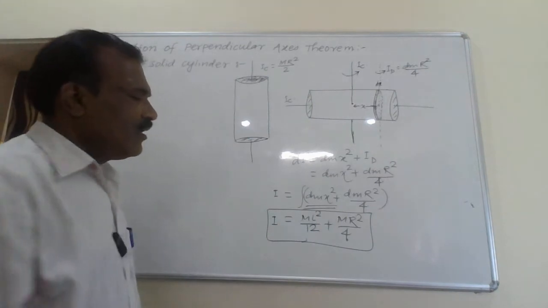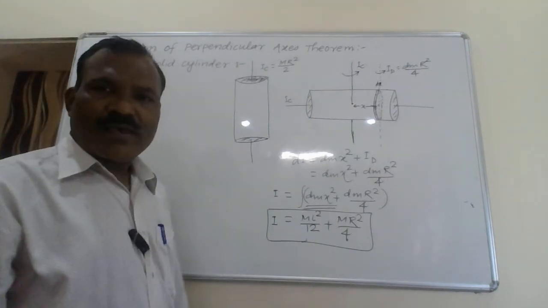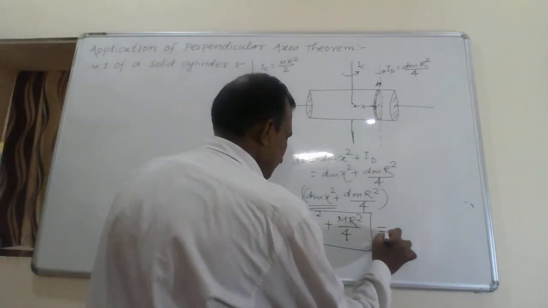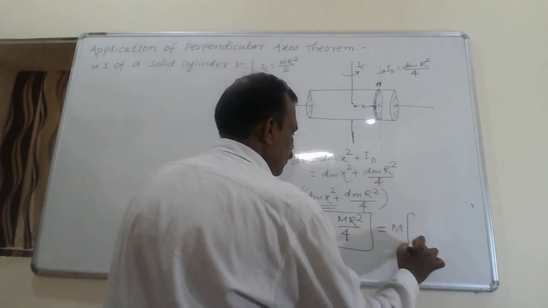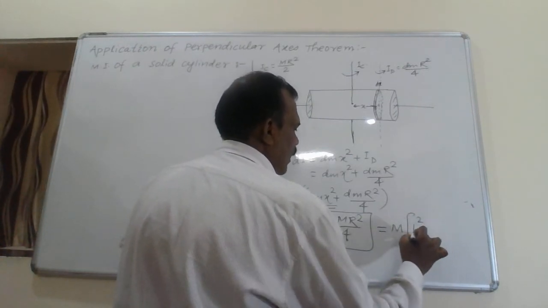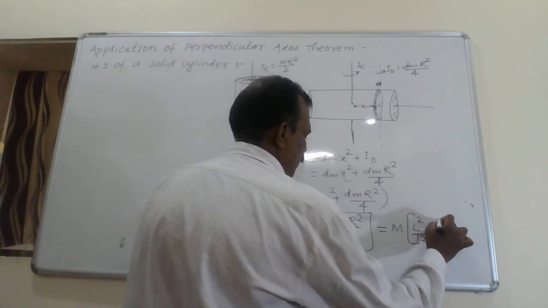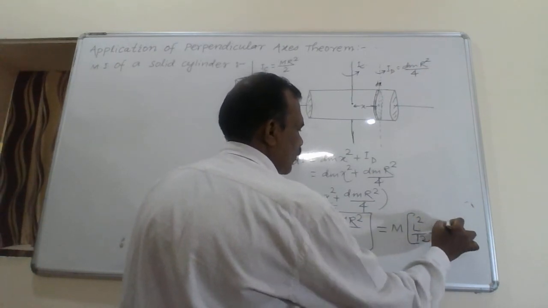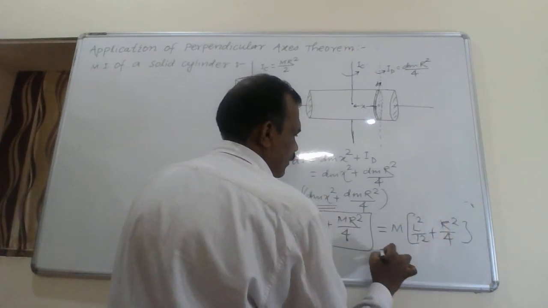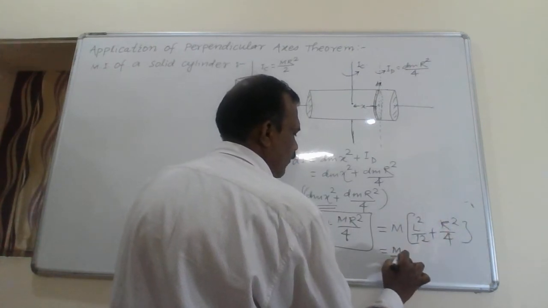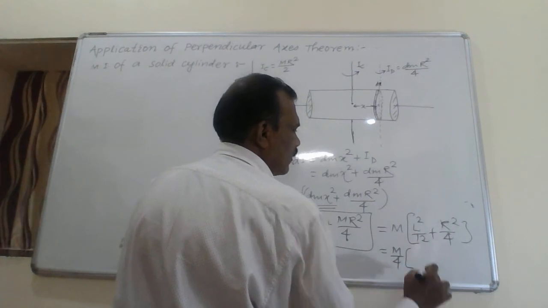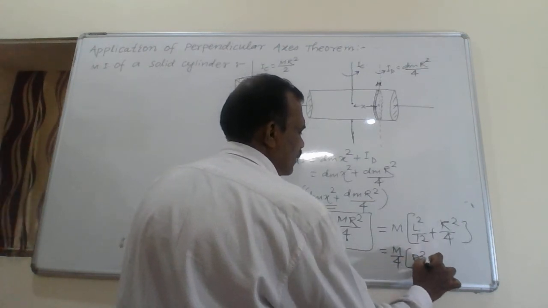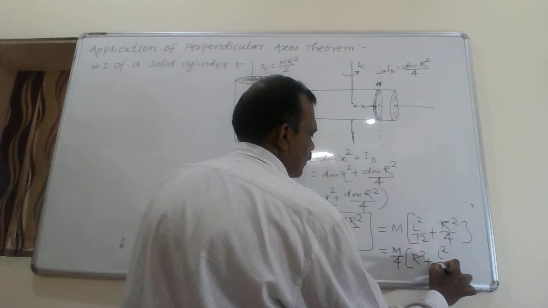ML square by 12 plus MR square by 4. So we can rewrite this as M common into bracket L square by 12 plus, sorry, R square by 4. And we can again write as M by 4 in bracket R square plus L square by 3.